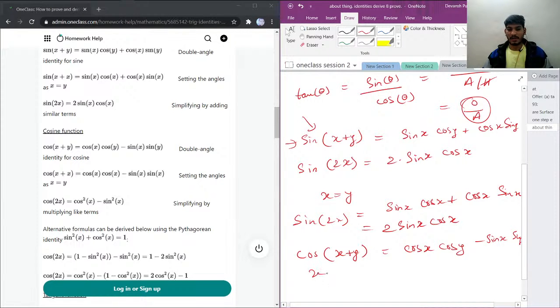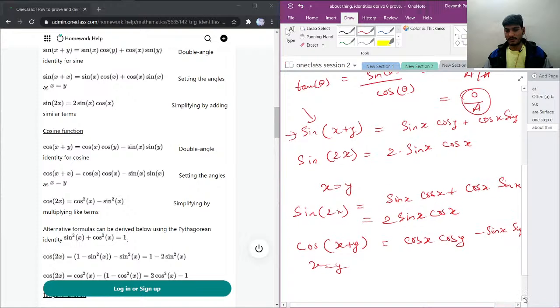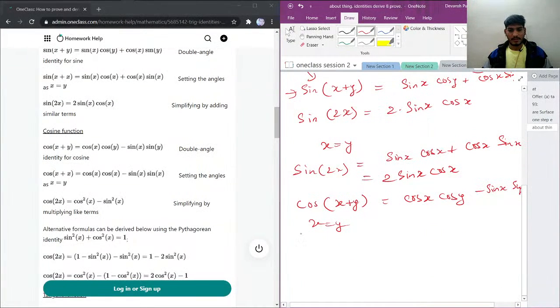Again, if I put x equals to y here, then I will get cosine of 2x equal to cosine x cosine x minus sine x sine x. This will become cosine square of x minus sine square of x.